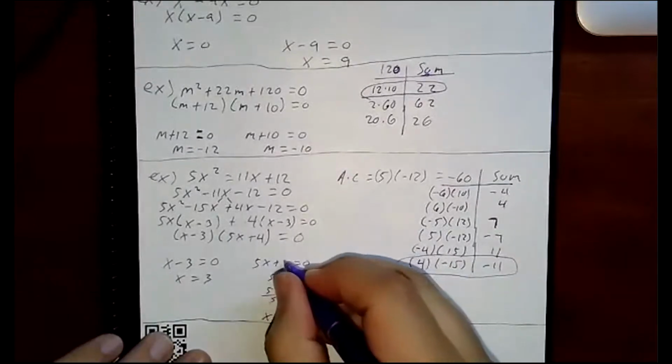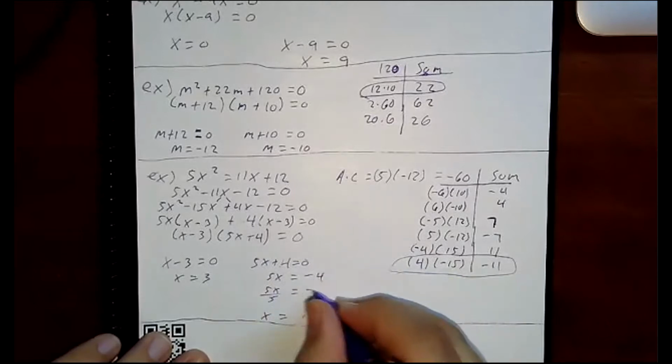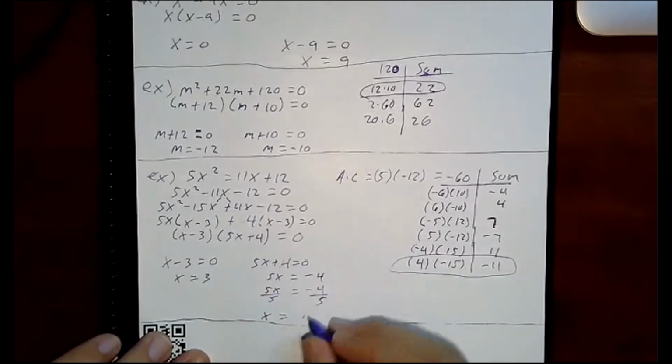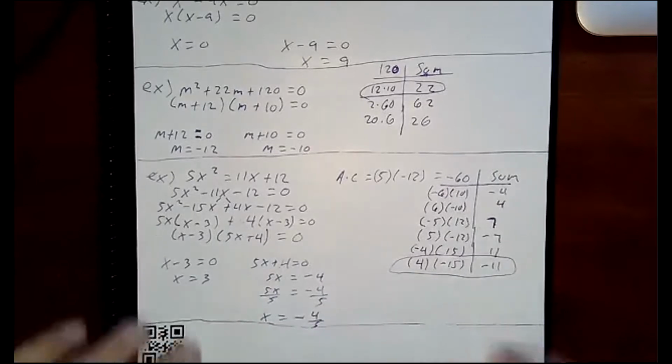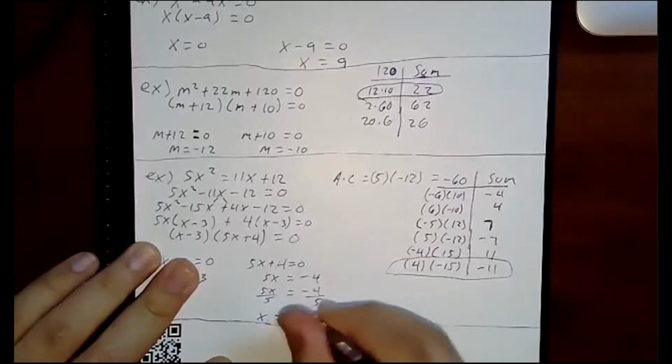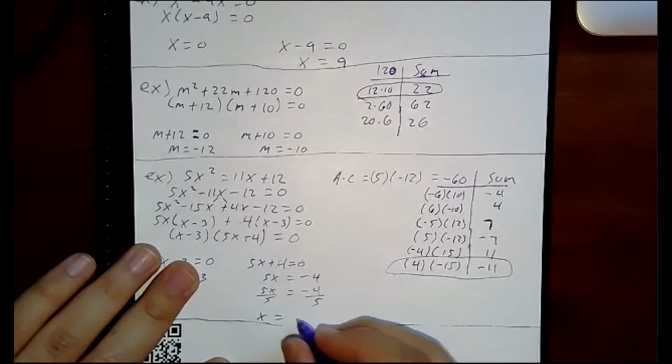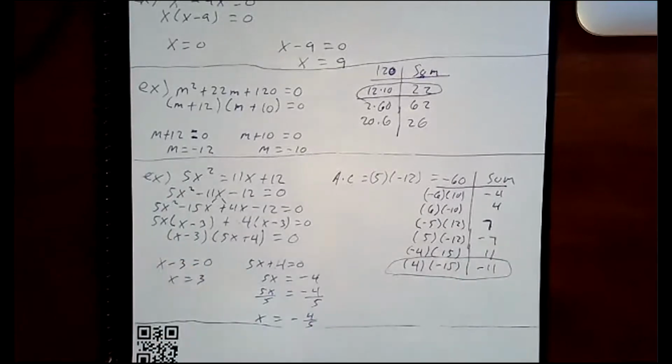So that's a 4 to the -4. -4 divided by 5 gives you a -4 fifths. There you go.